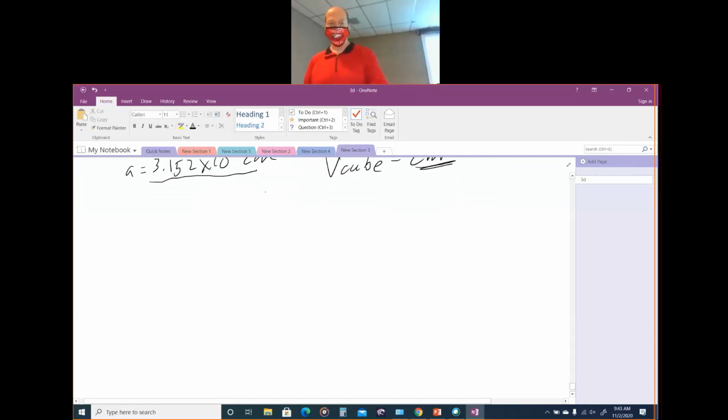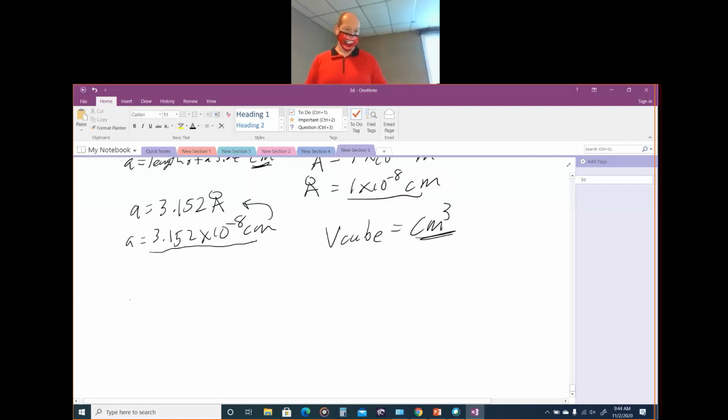All right, so let's do a problem. Let's say I have a body-centered cube with an edge length of 3.152 angstroms.